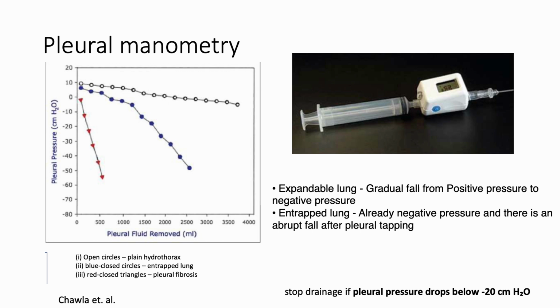The red closed triangles are also an entrapped lung. There is an abrupt fall in pleural pressure after the pleural tapping, reaching more than 60 centimeters of water. These manometric devices are also useful in prevention of re-expansion pulmonary edema. In case of a large pleural effusion, we can stop the drainage if pleural pressure drops below minus 20 centimeters of water.